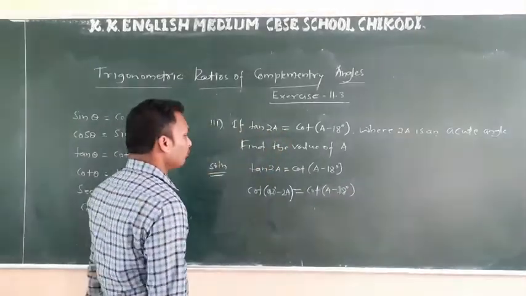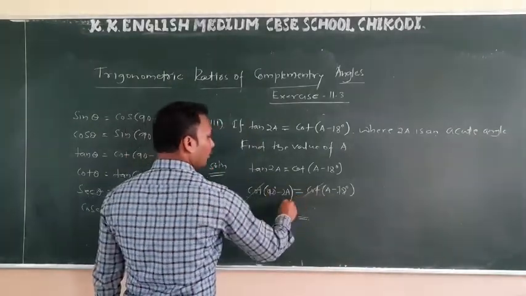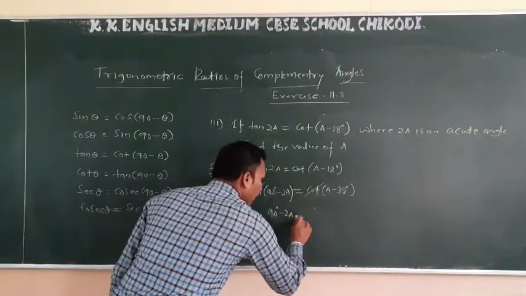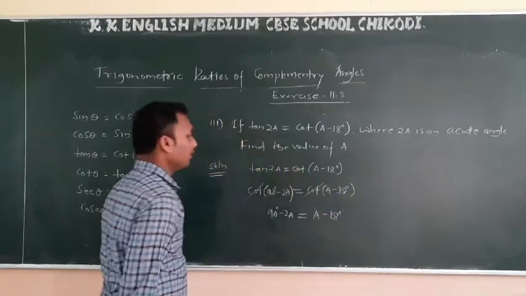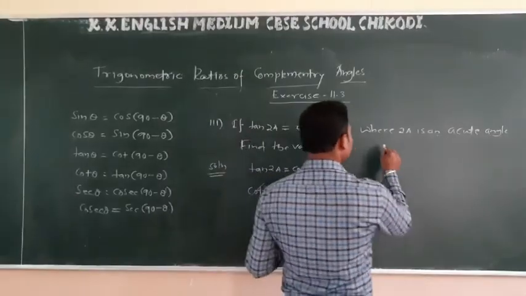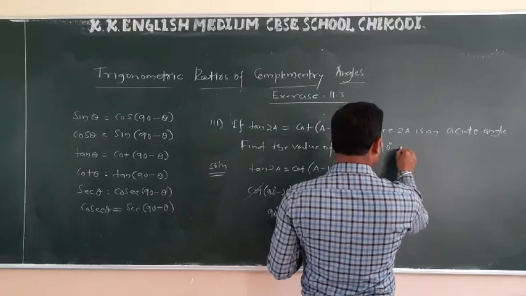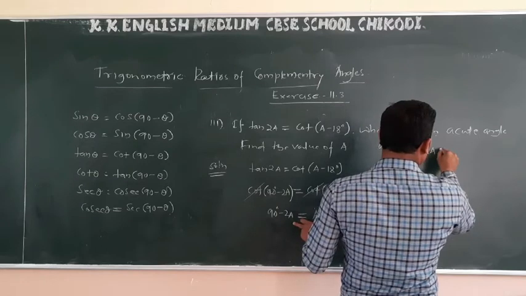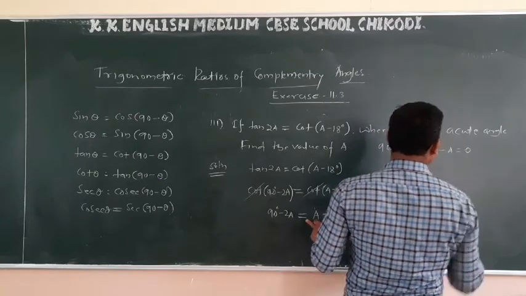Now cot gets cancelled. Remaining is 90 degree minus 2a is equal to a minus 18 degree. Now equate this equation to 0. So this becomes 90 degree minus 2a, taking this side, plus 18 degree, minus a is equal to 0.